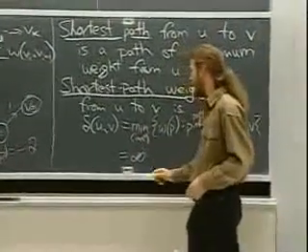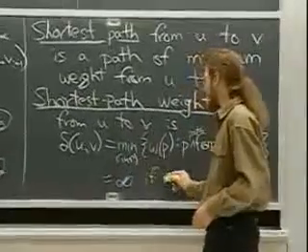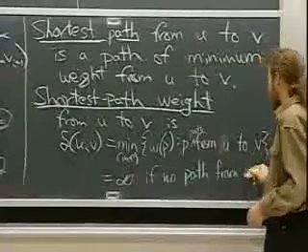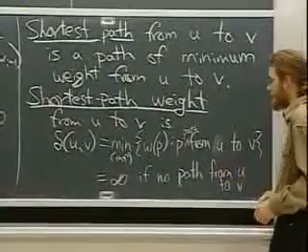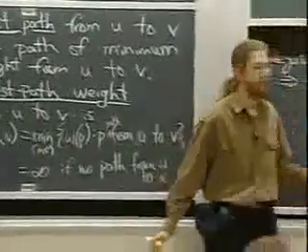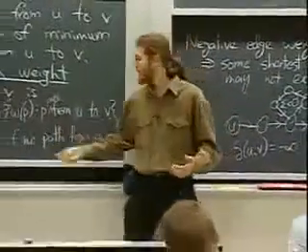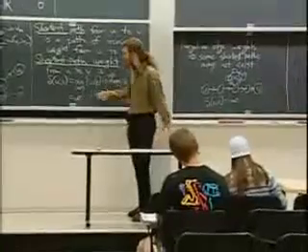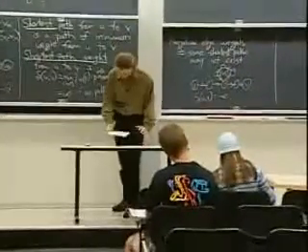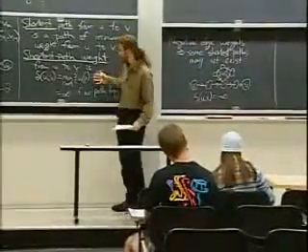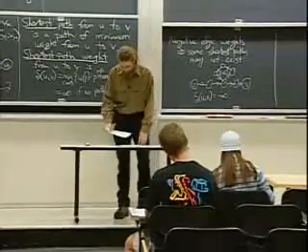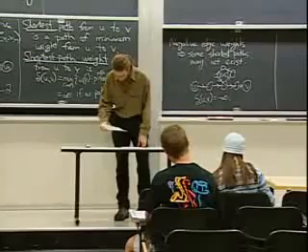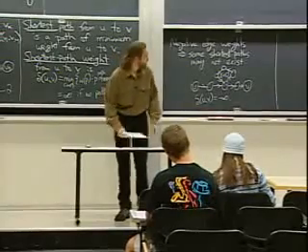Here we'll say it's infinity if there's no path from U to V. So there are these exceptional cases, plus infinity and minus infinity, which are pretty intuitive, because it takes a really long time to get from U to V if there's no path there. You can't get there from here. Okay, but that's the definition. Most of the time, this is the case we care about, of course. Usually, this is a finite set. Good, so that's the definition.